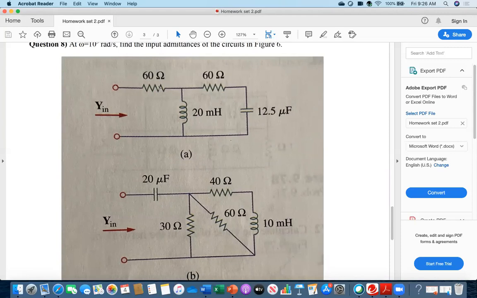For everybody, first you calculate the equivalent impedance, and then at last apply the Y. What is the relationship between Y and the impedance? Y equals 1 over Z. So for both problems, you apply the series-parallel combination, and then at the end you convert into Y. That's all. Is this fine?